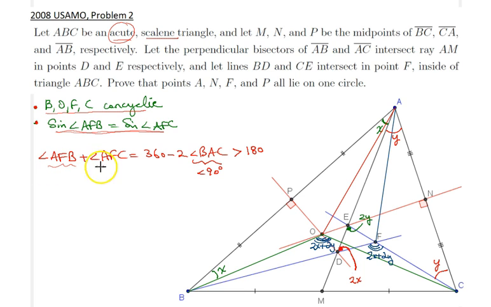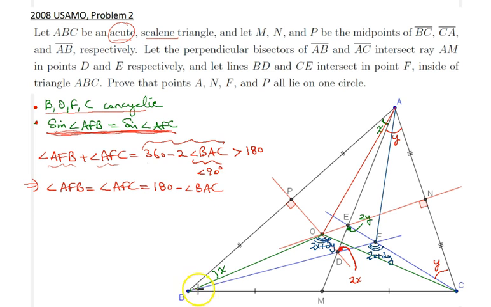So these two angles add up to more than 180, and using this second fact, we can say immediately that angle AFB is equal to angle AFC, and they are both equal to half of this result, 180 minus angle BAC.